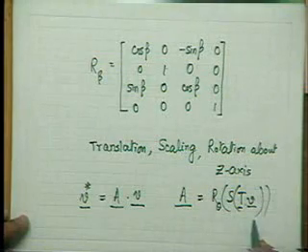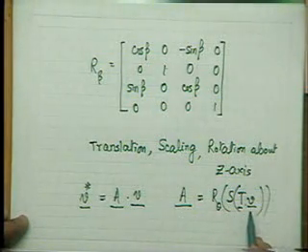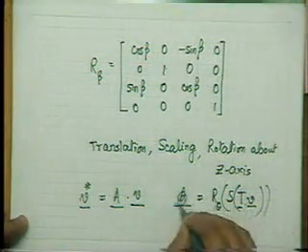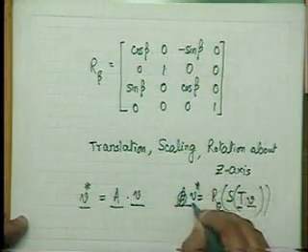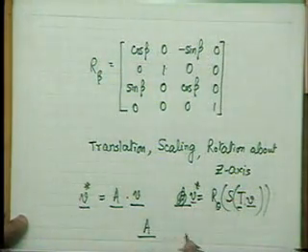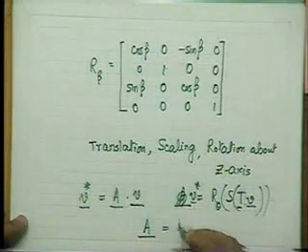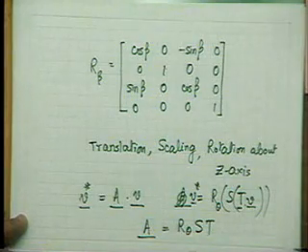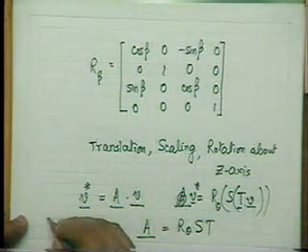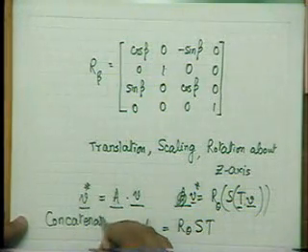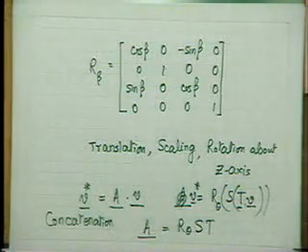So together this will compose our A matrix, the transformation matrix A, so that our A can be written as R theta S T, a product of all these three, or rather the concatenation of all these three matrices. Any question?